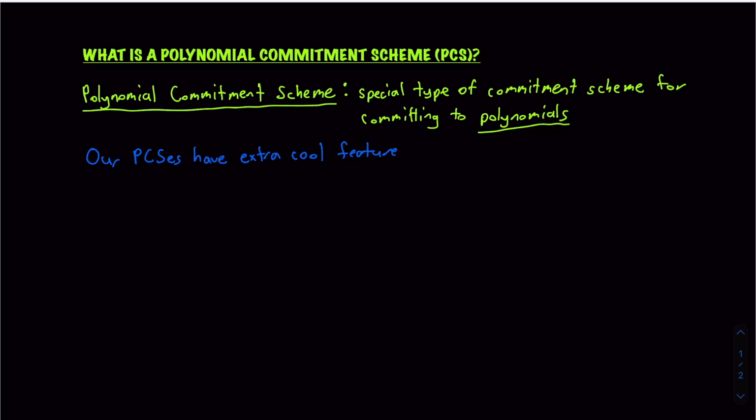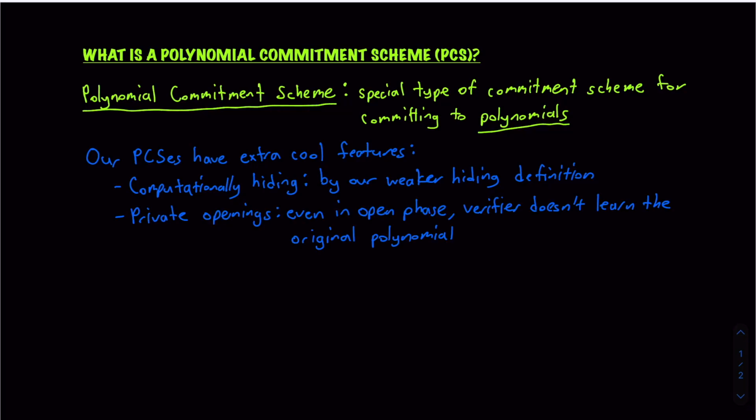Some of the really cool features of the PCSs we'll be looking at are the following. They are computationally hiding, at least by the weaker definition we talked about, which means the verifier can't figure out what the polynomial is by looking at the commitment. They have private openings. Even in the open phase, the opening that the prover sends doesn't reveal the full polynomial.